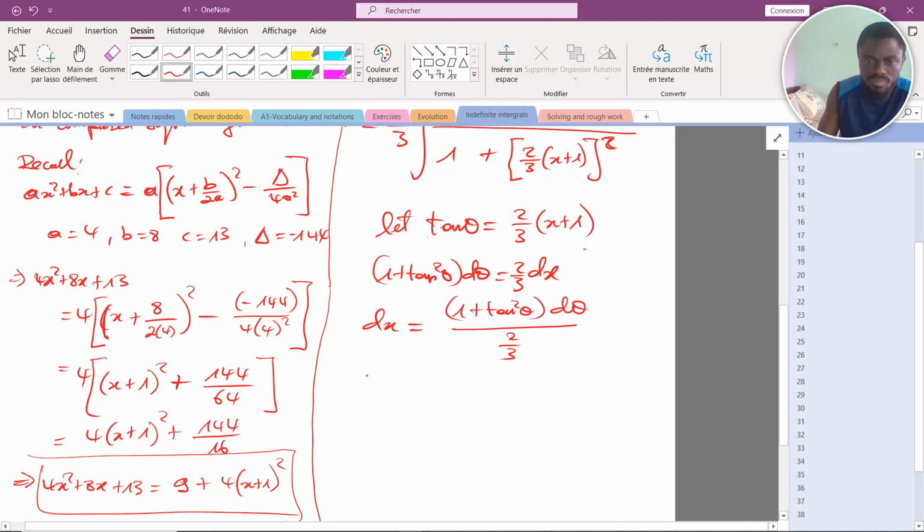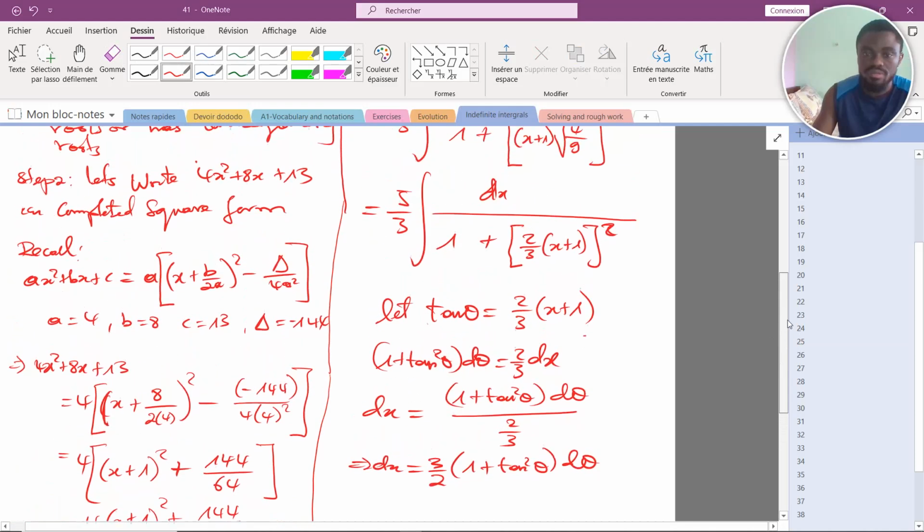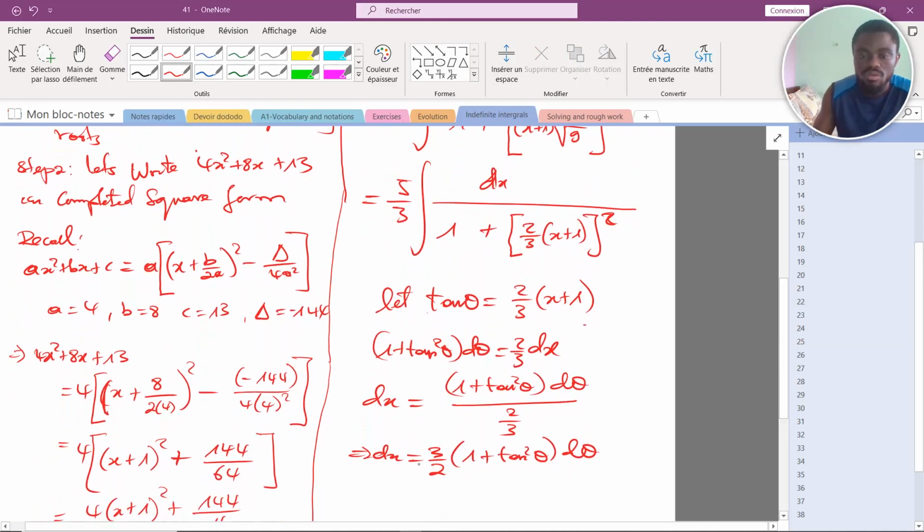Since there is a 1 here, dividing by this becomes 3 on 2. So dx is 3 on 2 into 1 plus tan squared theta d theta. Okay, everything is already okay. Now we have our substitution and we have dx. Let's then replace it inside this integral.